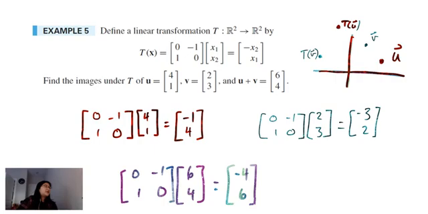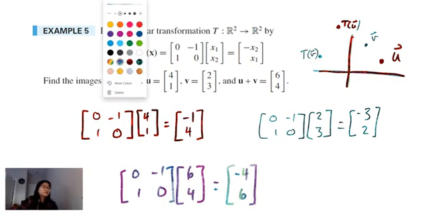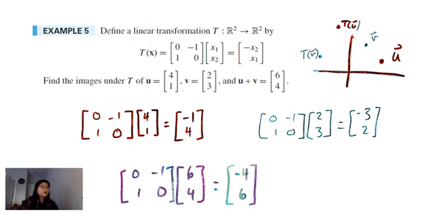And then what about for u plus v? So we have 6, 4, so that's out here, right? Taking our imaginary parallelogram. And then we're mapping it to -4, 6. So -4, 6 up here.